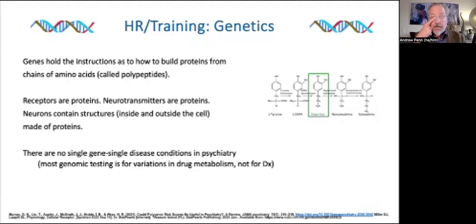In fact, we did a big study at the VA a couple of years ago where we gave everyone genetic tests before they were treated for depression. And we looked to see, was there any improvement in the outcome of the group of people that were tested with pharmacogenomic tests, did that predict a better outcome for their depression treatment? And it turns out that it didn't.